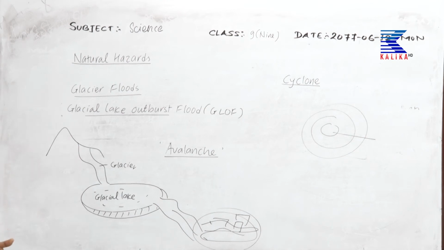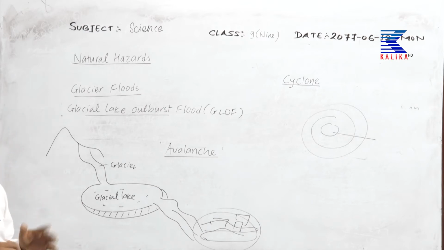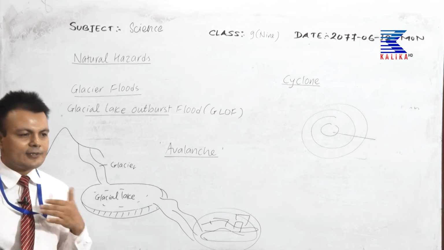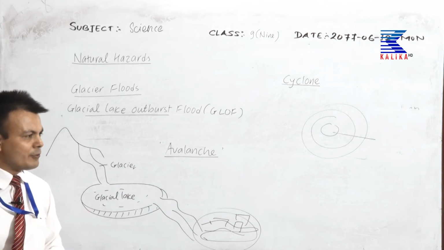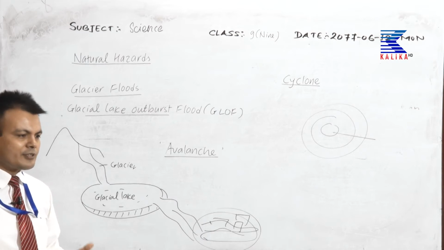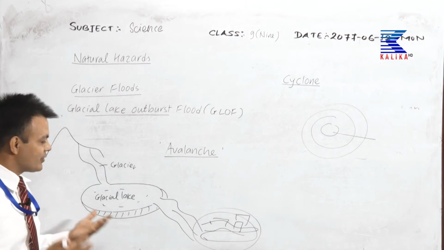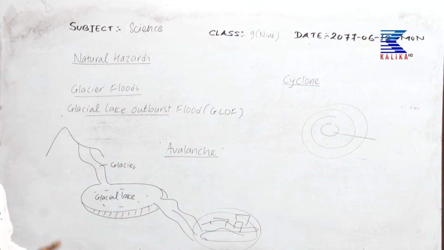So normally till now, how many glacial lakes do we have? They keep on forming continuously, they disappear continuously. So we actually don't have the data, so the government authorities should find out the data: how many glacial lakes, how many of them are going to outburst, and how many of them are in dangerous conditions.